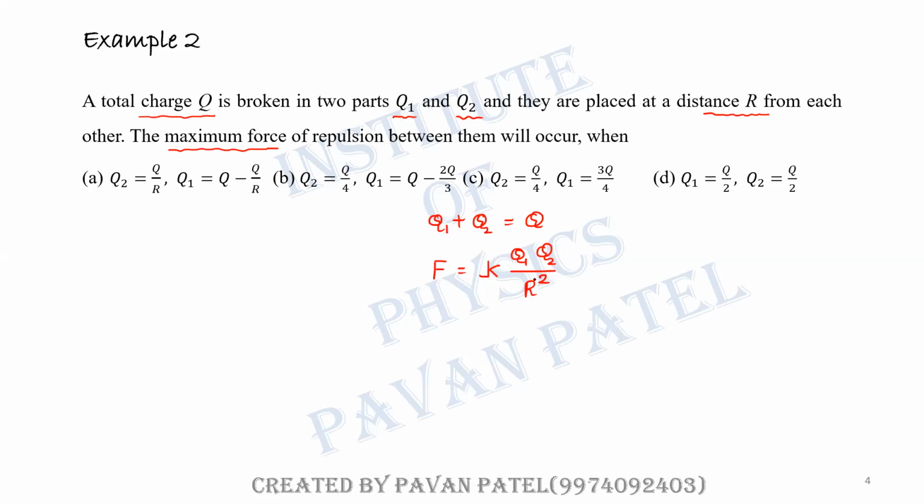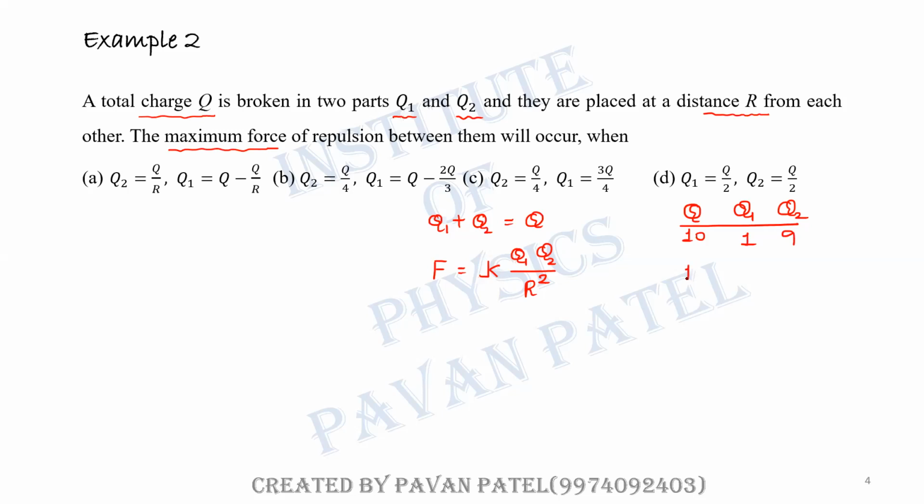So we should find the value of Q1 and Q2 in terms of Q so that the force F will be maximum. Now consider the value of total charge Q as, suppose, 10. This is just an example, to understand the problem and the values of Q1 and Q2.